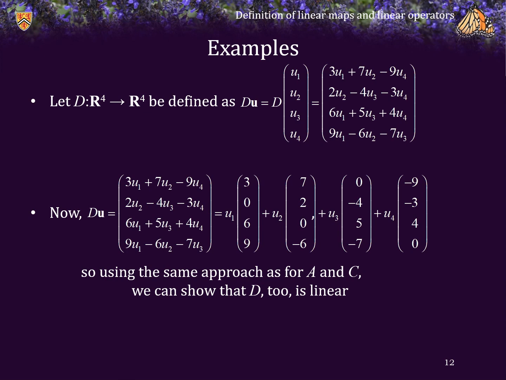Therefore, using the same approach as we just saw for that mapping A and the same approach we would have used for C, we can also show that D is linear.